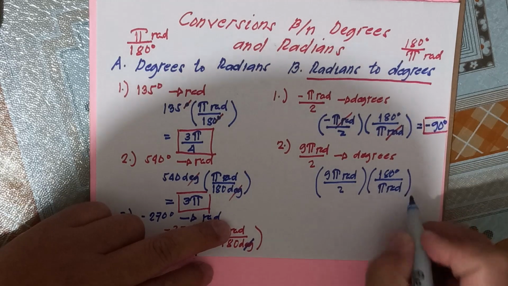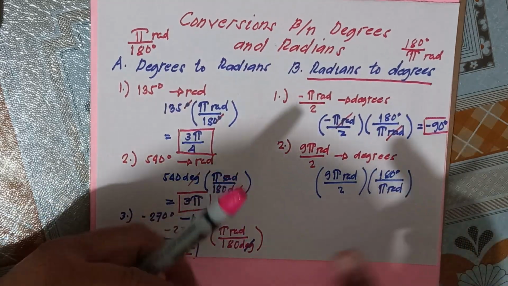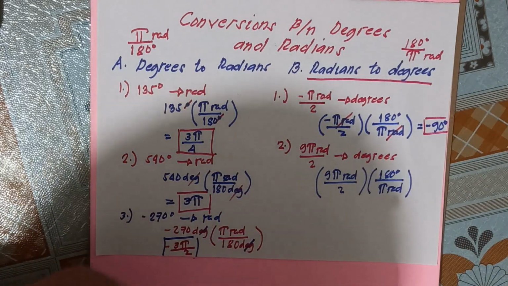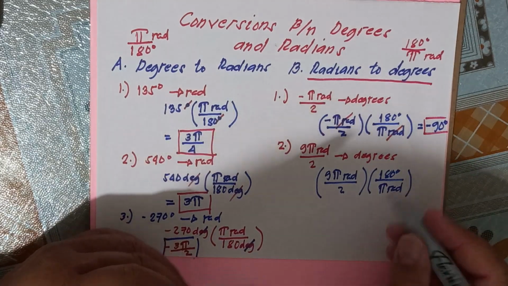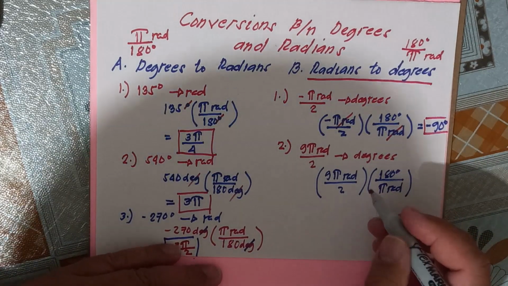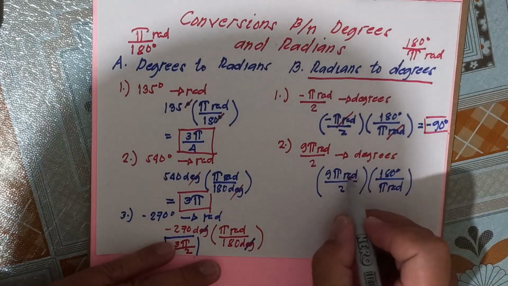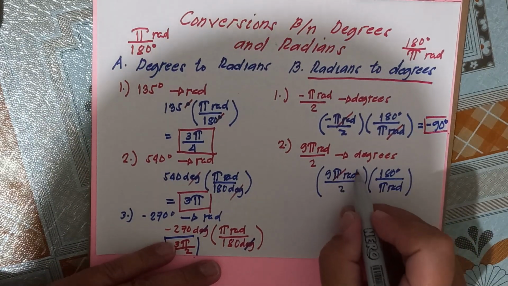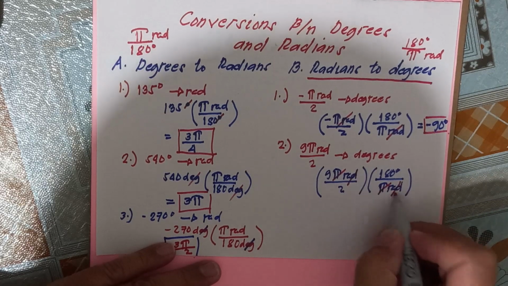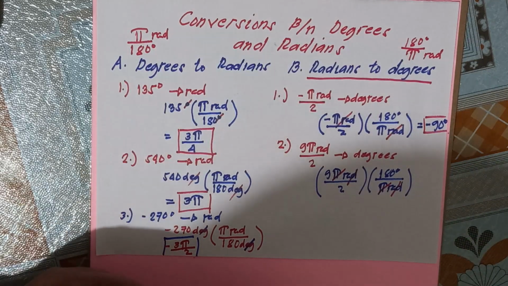The rad here is not needed to write down, but for the purpose of this discussion and cancellation, I'm putting it in here. So pi rad and pi rad will cancel out.